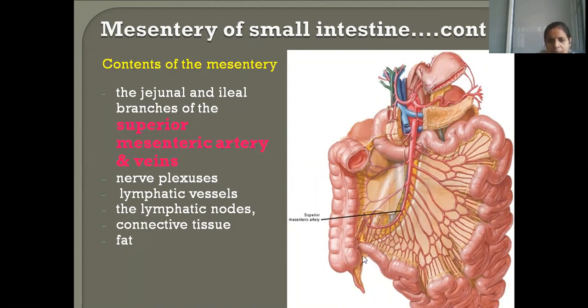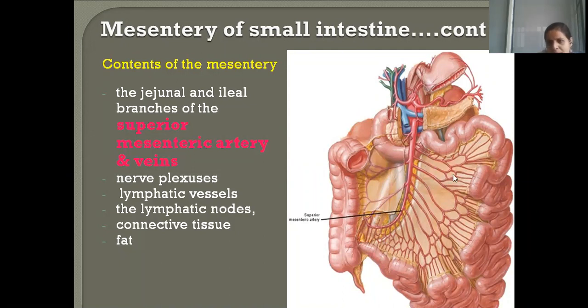Where is the ileum opening? Large intestine. Very good. The first part of large intestine, what we see here, is cecum. Ileocecal junction. Now, obviously, is the superior mesenteric artery giving branches to the duodenum? Yes.